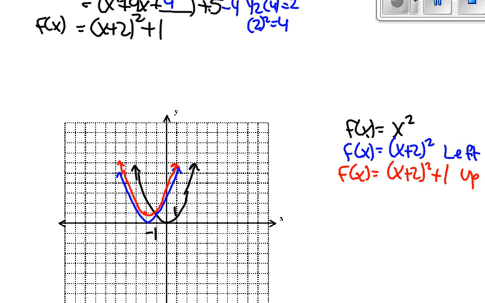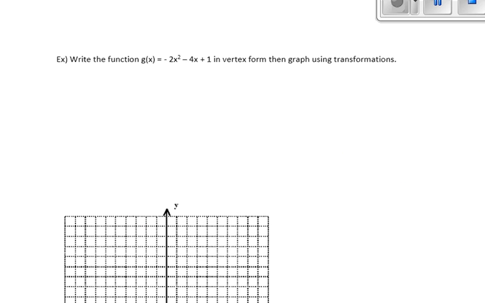Okay, so we have one other one I want to graph by transformations. So, the very first thing I would like to be able to do for this is to have this into vertex form, which means I have to complete the square. So, I'm going to rewrite.